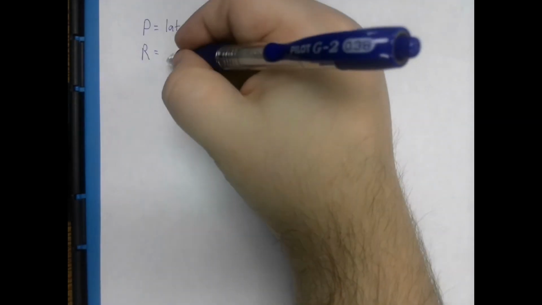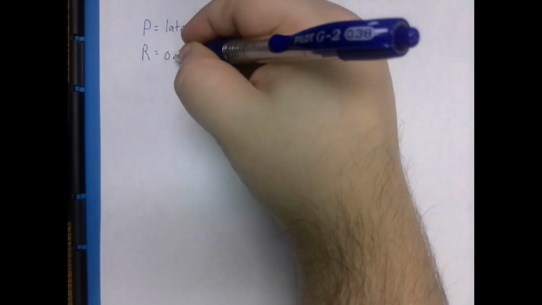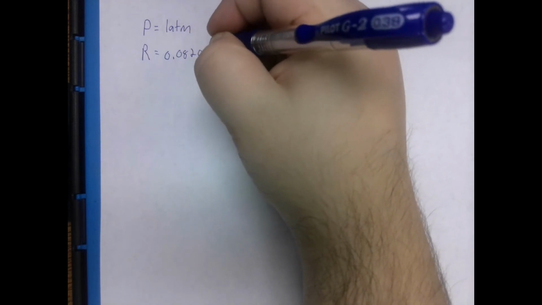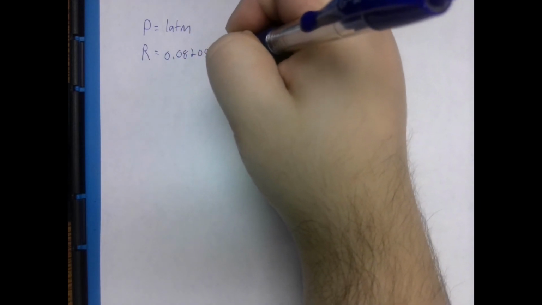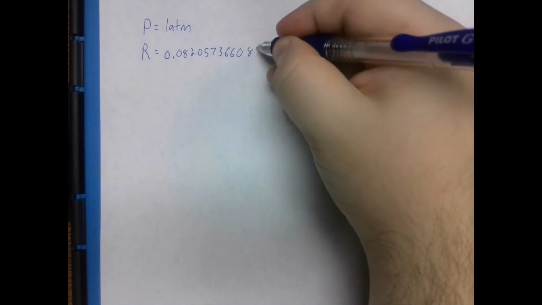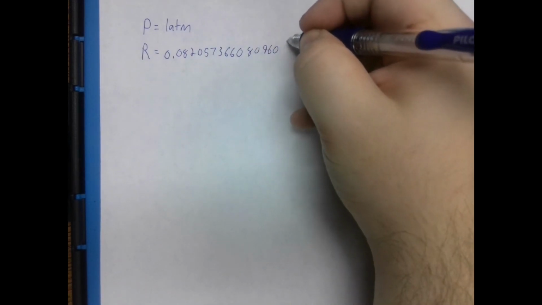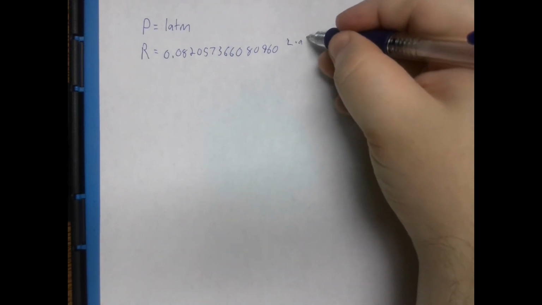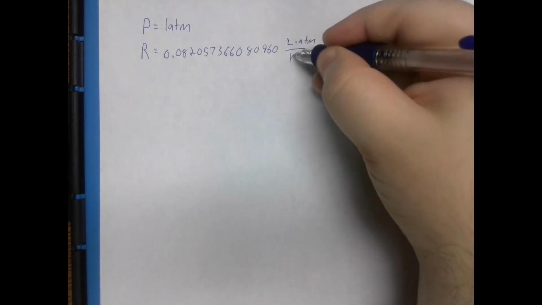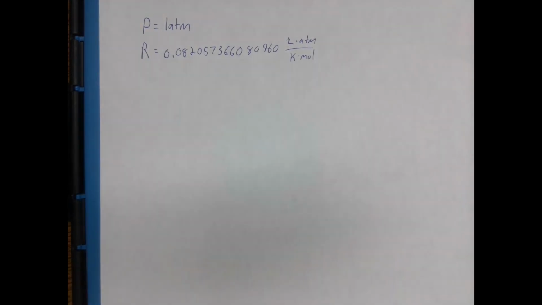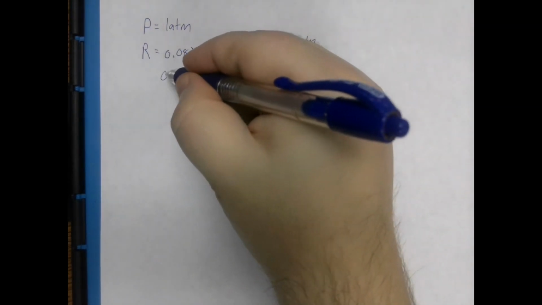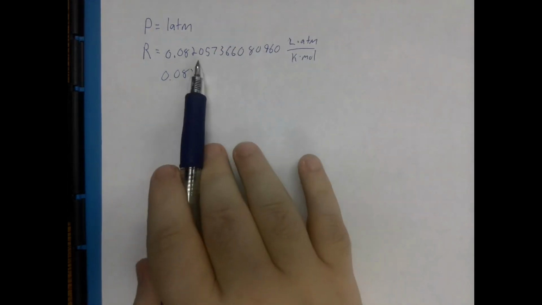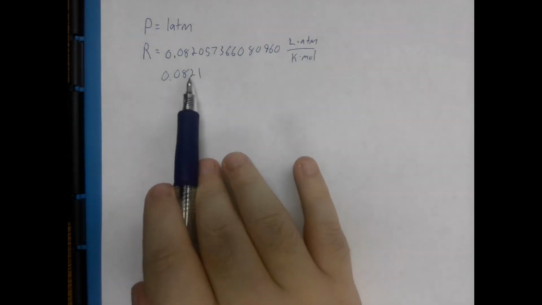There it is. R is 0.082057366080960 liters atmospheres per Kelvin mole. Again, you guys on the test will be given 0.0821, but see how off it is? It's not very precise.